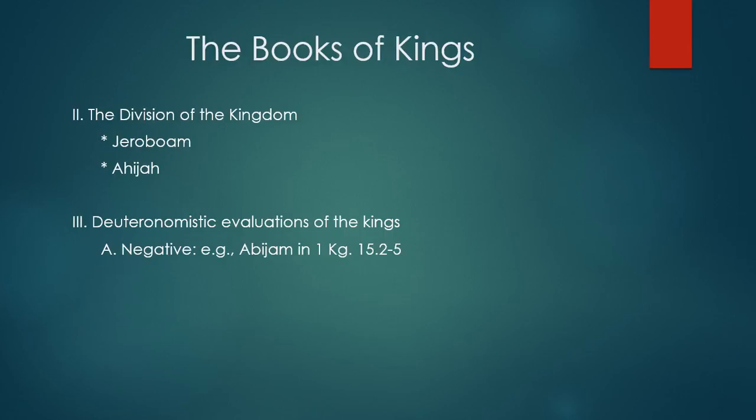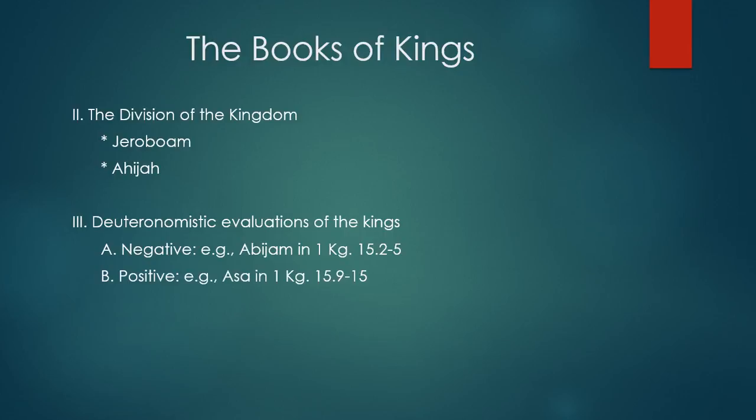His heart was not true to the Lord his God like the heart of his father David. Nevertheless, for David's sake, the Lord gave him a lamp in Jerusalem, setting up his son after him and establishing Jerusalem. So all of these kings are going to be compared to David as the ideal king. In this case, he does not live up to that ideal, but nevertheless, God is still going to allow him and his descendants to continue on the throne because of that promise that God had made to David.